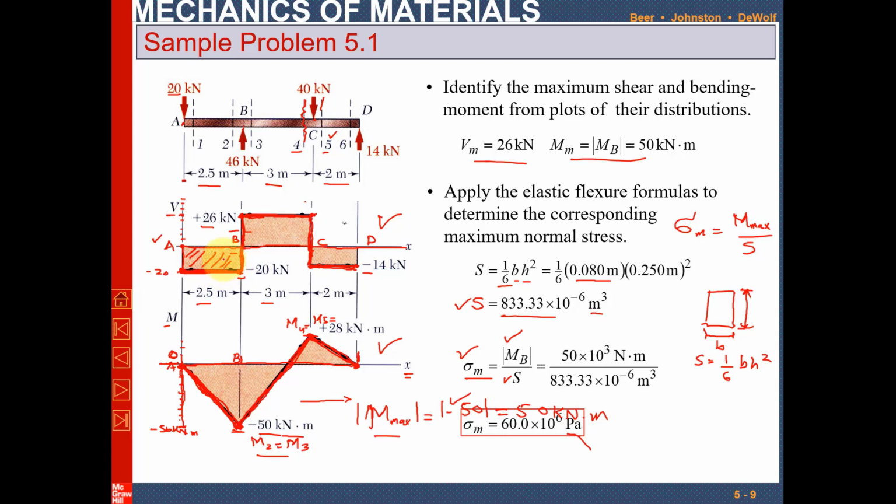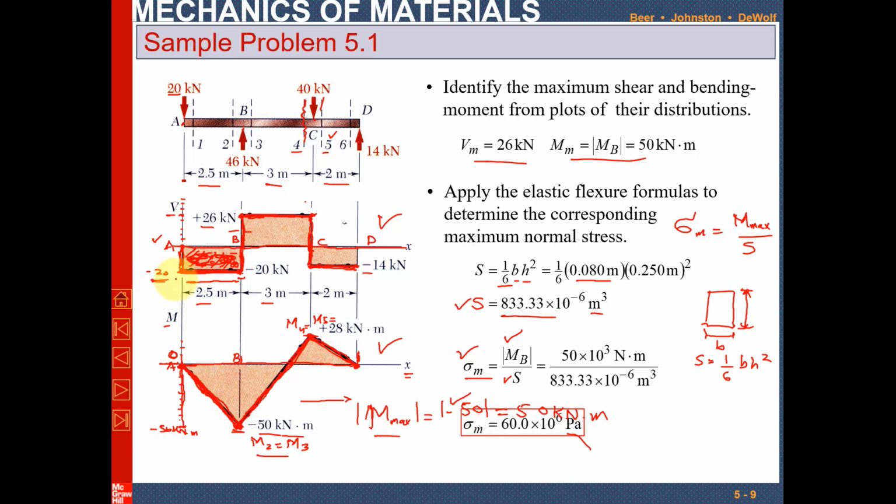One more thing is that the area under the shear force diagram will give you the bending moment. So if you look from point A to B, this is the area of shear force. This is a rectangle, so you know that rectangular area is B into H. Let's say this is H and this H is -20, and this is B. So -20 is just a value, so its height is 20 and this width is 2.5.